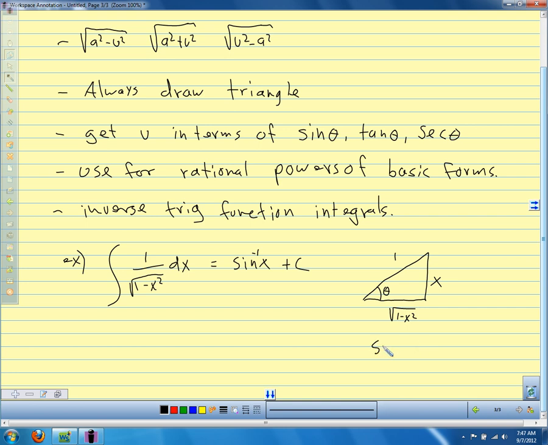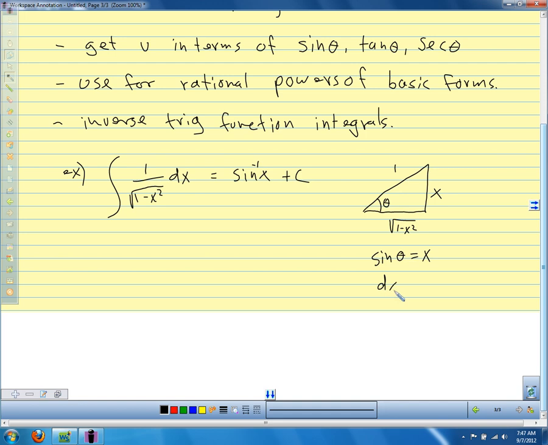So sine theta equals x. My dx equals cosine theta d theta. And the square root of 1 minus x squared is cosine theta for my triangle.